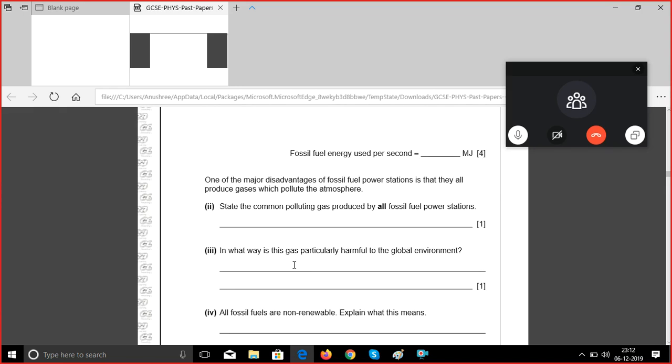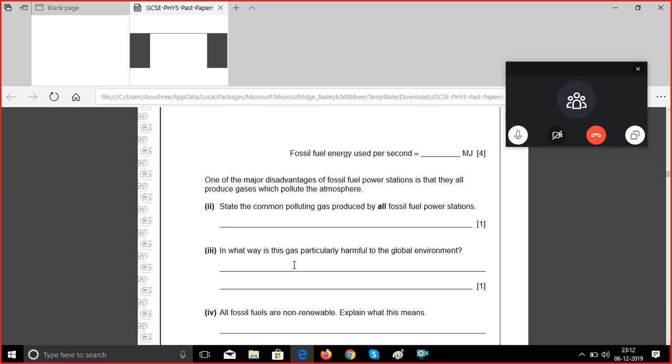In what way is this gas particularly harmful to the global environment? It causes global warming, like the greenhouse effect. So it's a greenhouse gas, carbon dioxide, which traps the heat energy and doesn't radiate it.